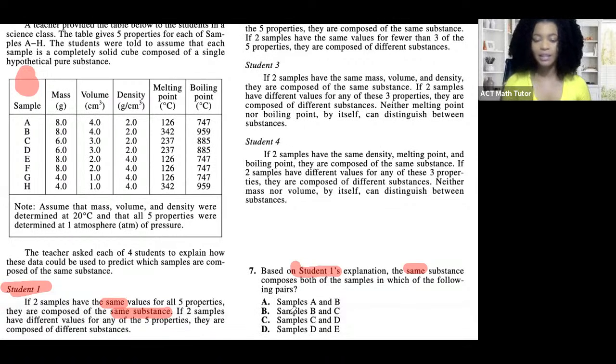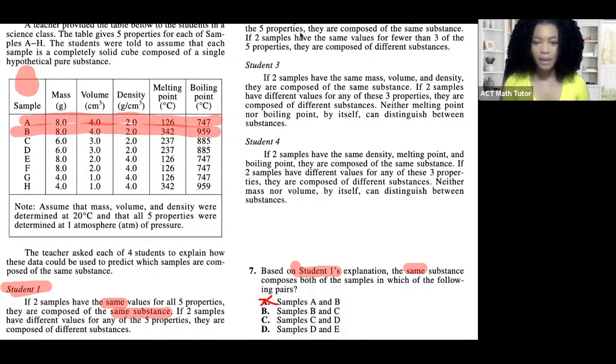Let's start with A, samples A and B. I'm comparing A and B, and I can highlight those and see if they have everything the same across. Same mass, good. Same volume, good. Same density, good. Melting point, no, different. Boiling point is different. So that's not our answer.